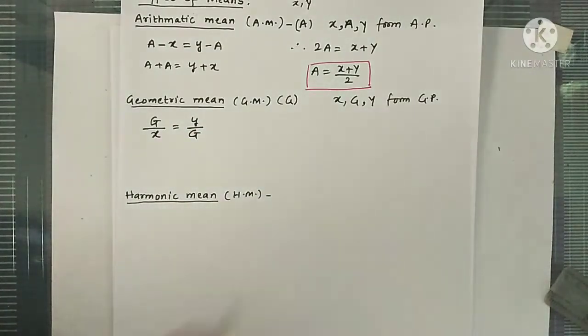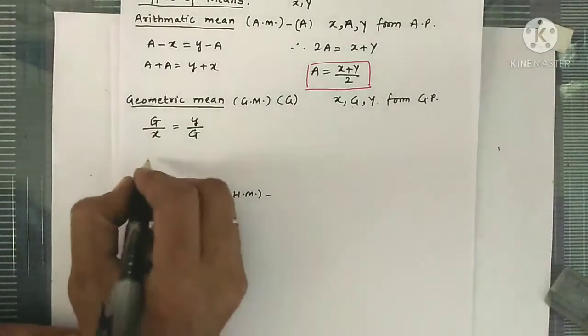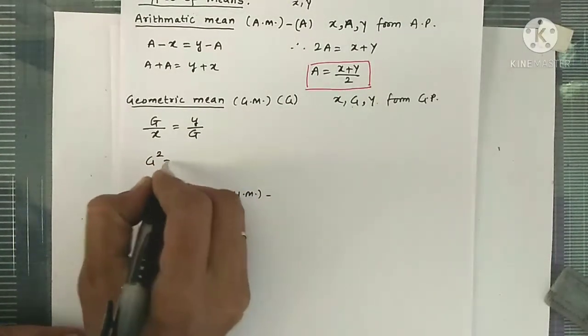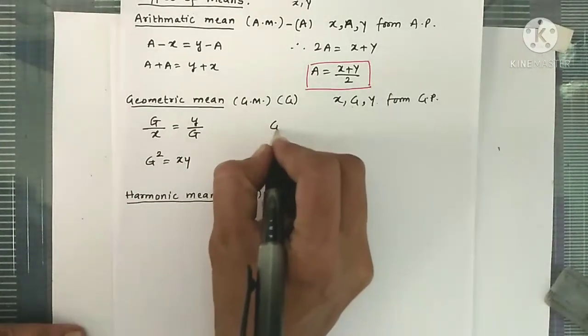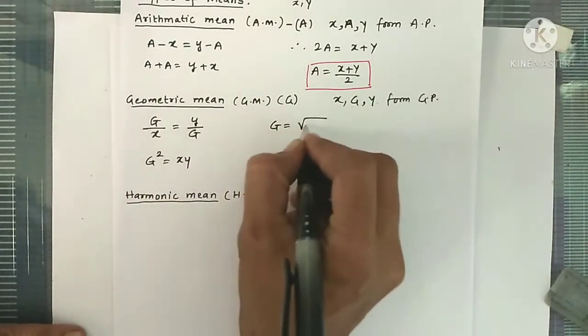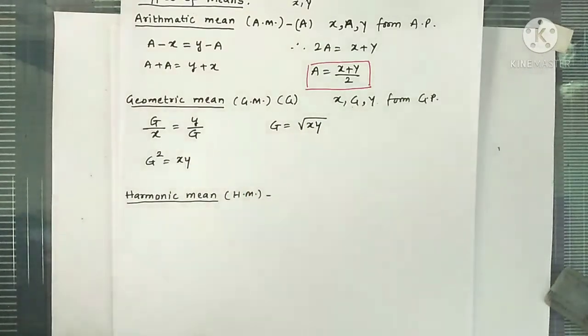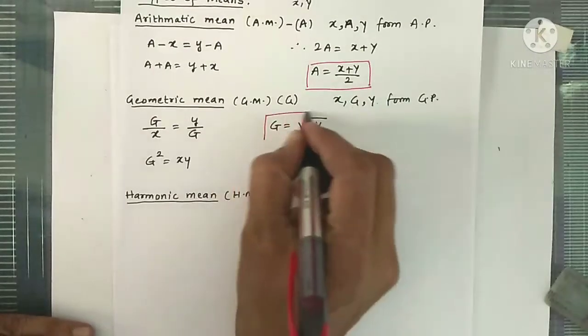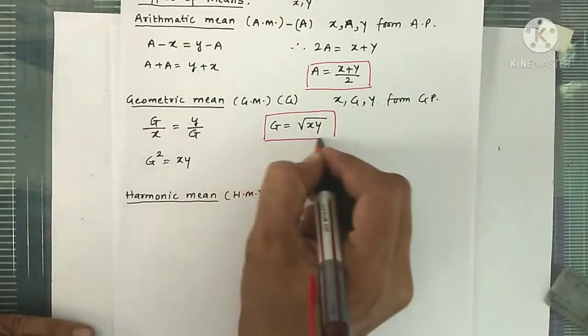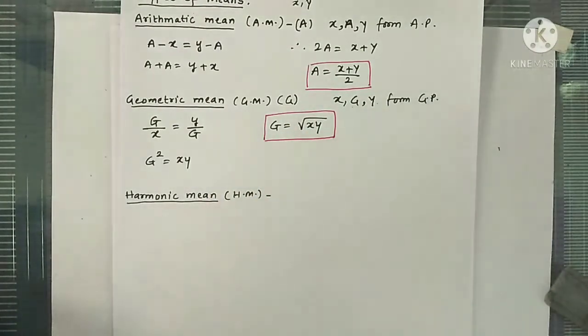So G upon x is equal to y upon G. The ratio is constant. Cross multiplying, we get G square equal to xy. So formula for G is root xy. So to find geometric mean, we have to multiply the numbers and take square root of that. So that is geometric mean.